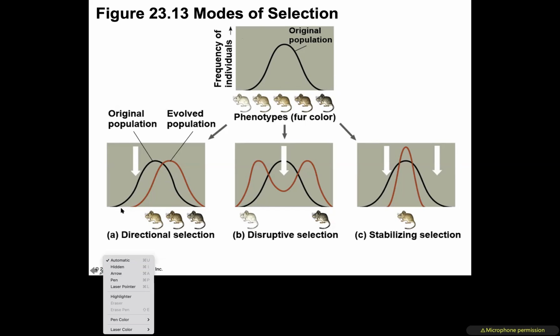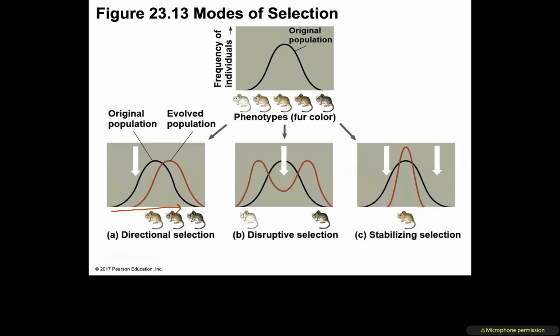Push in this direction towards these phenotypes. So you are no longer having the white, you are no longer having the light brown, and you are now having medium brown, a little darker brown, and black.